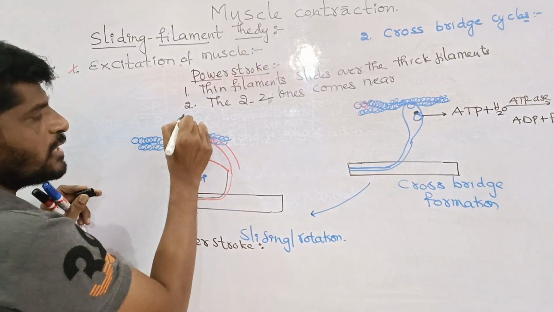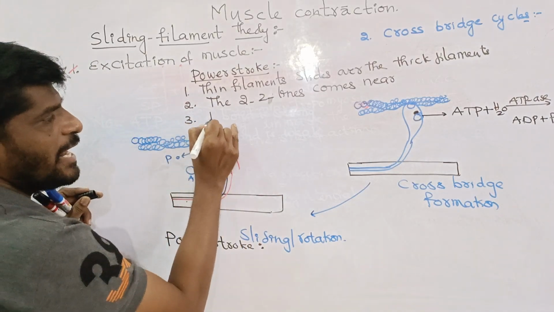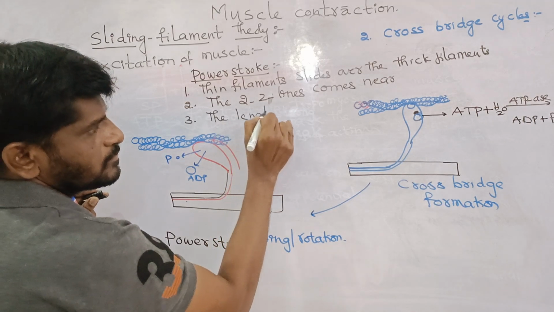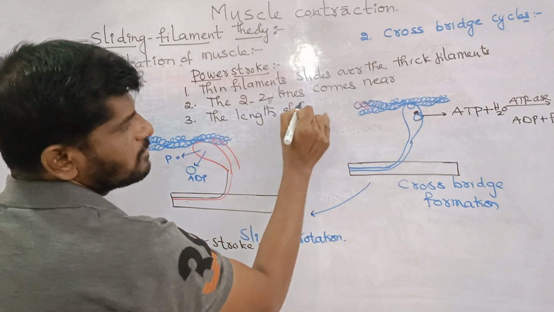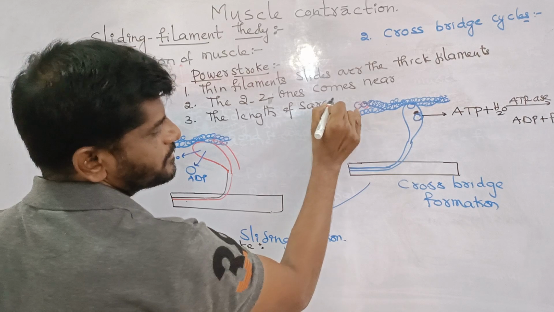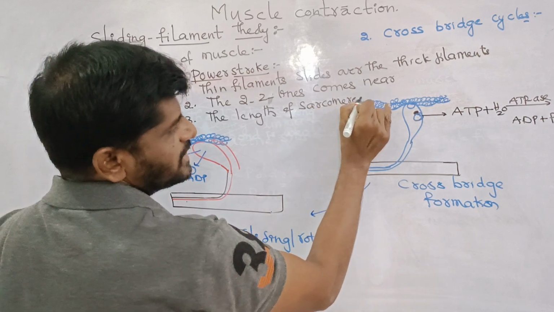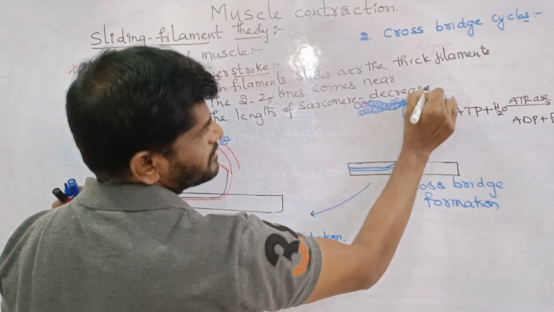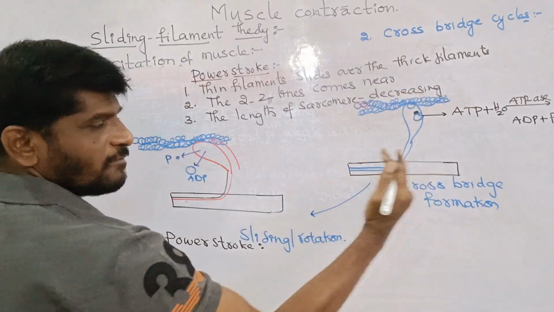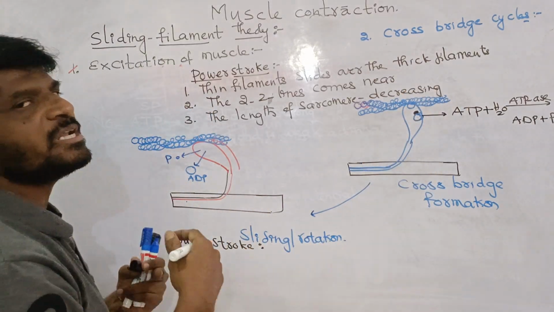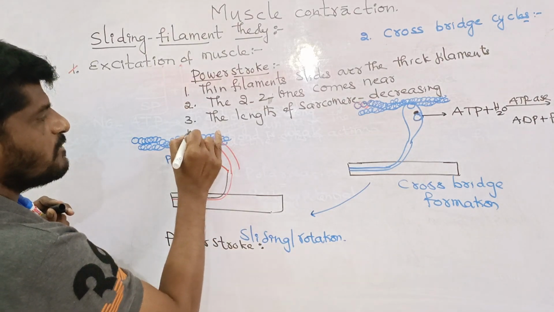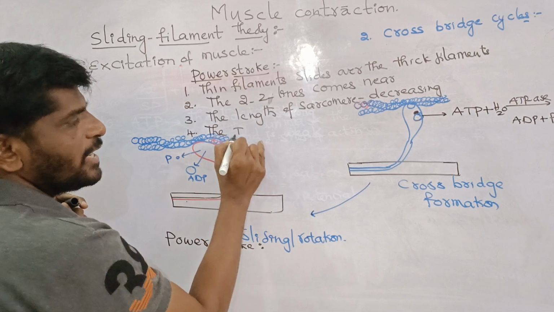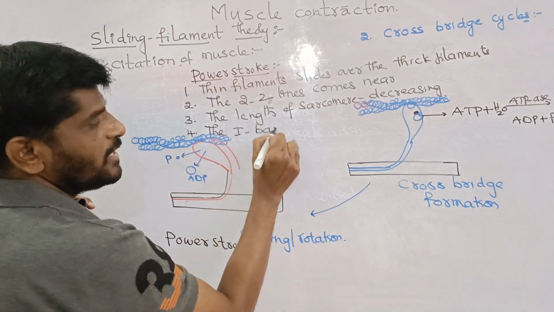One more. When the two Z lines are coming near, the length of the sarcomere is decreasing. And one more important point: the I band is shortening.